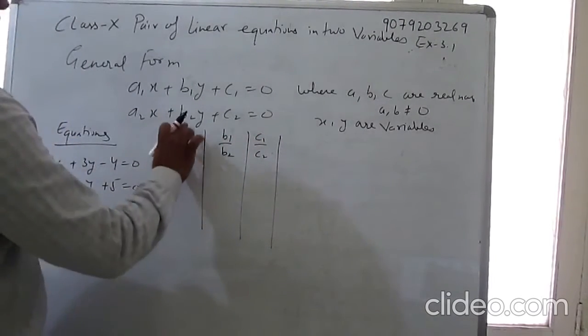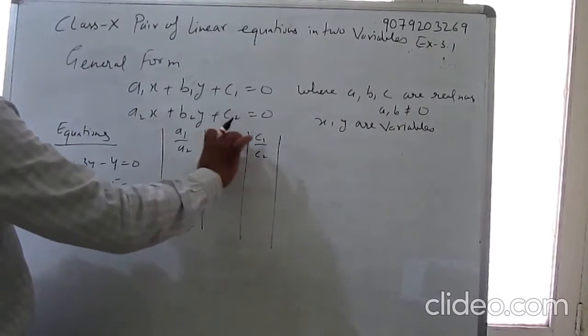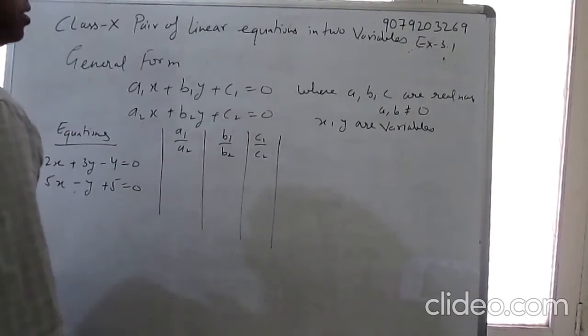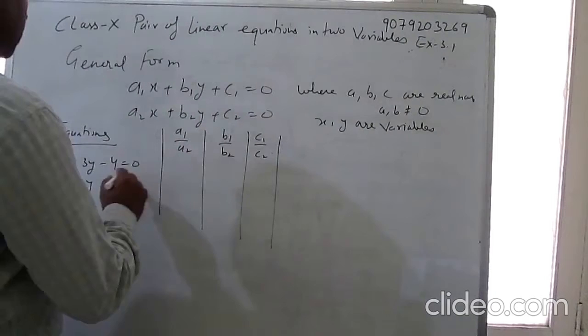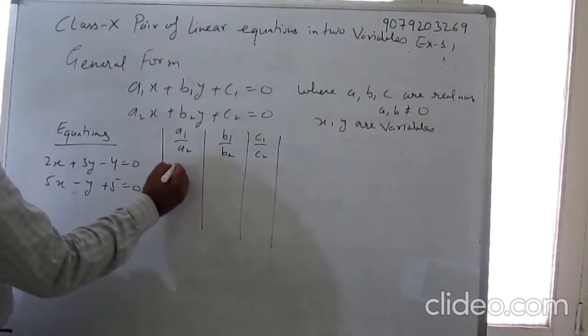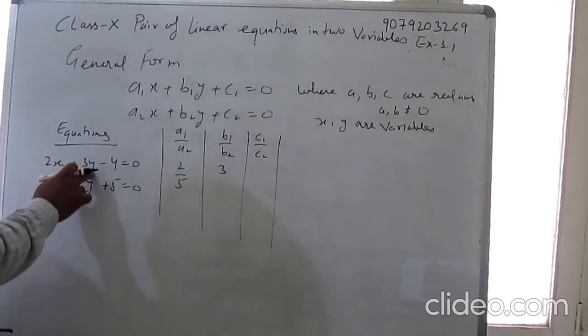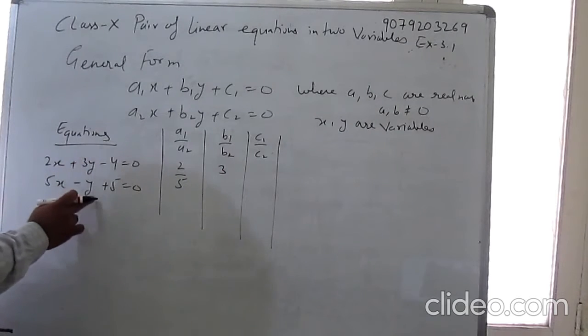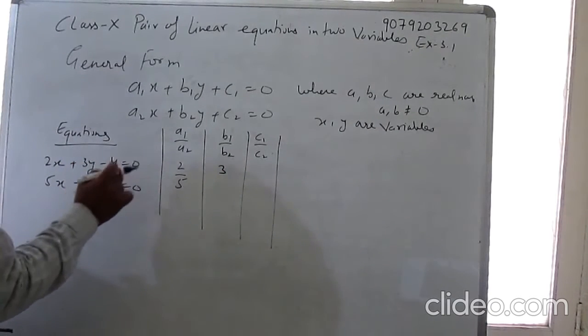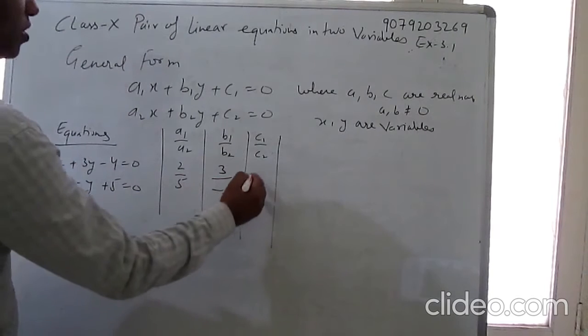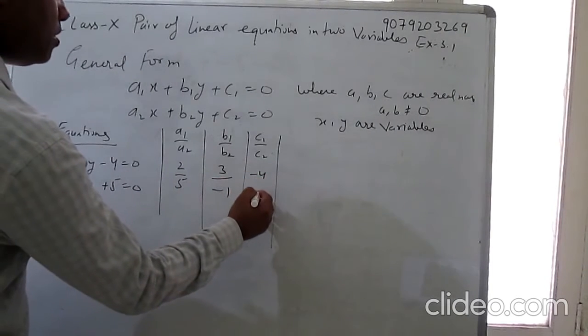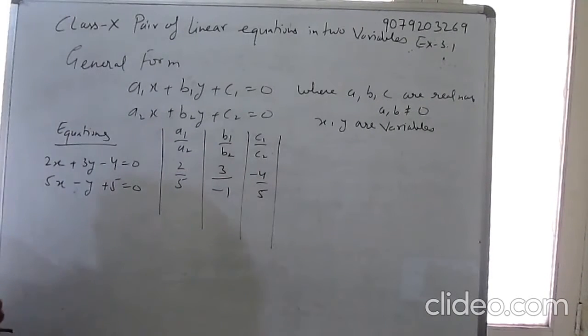Here you find the ratios a1 upon a2, b1 upon b2, c1 upon c2. See here a1 upon a2 is 2 upon 5, b1 is the coefficient of y and b2 is the coefficient of y of the other equation, so 3 upon minus 1, and the constant terms minus 4 upon minus 5.